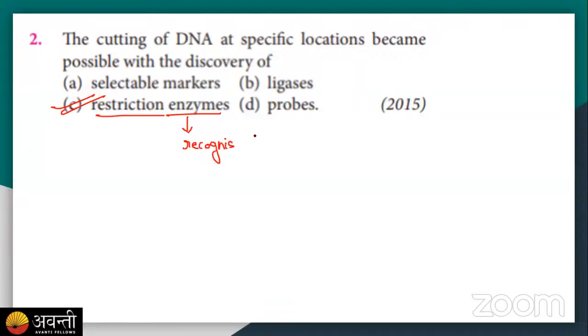Can anyone tell me what this specific sequence which it is recognizing is known as? Very good. They are known as palindromic sequences, or we can say those are the recognition sites. The specific location is a recognition site, right?